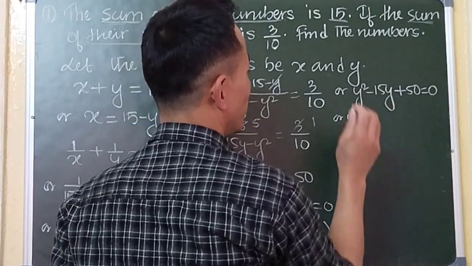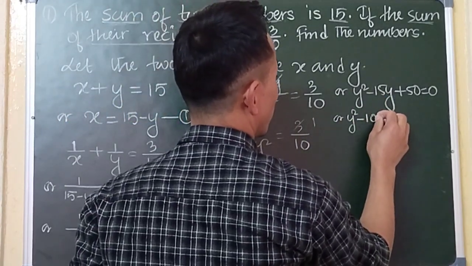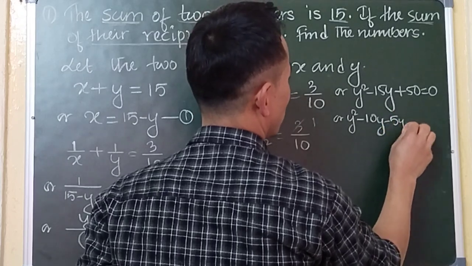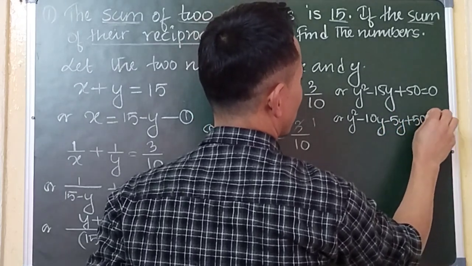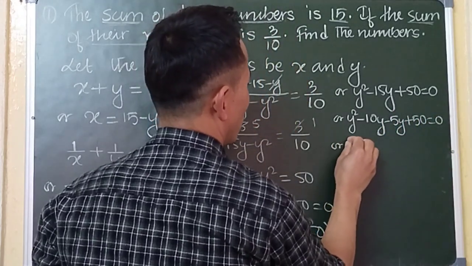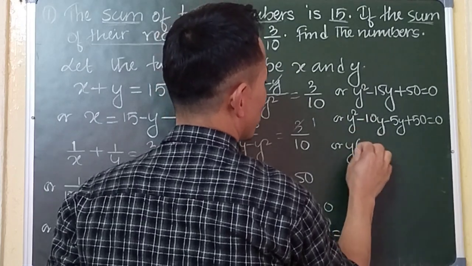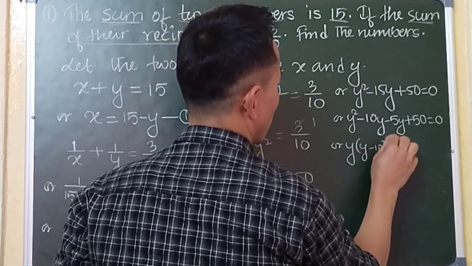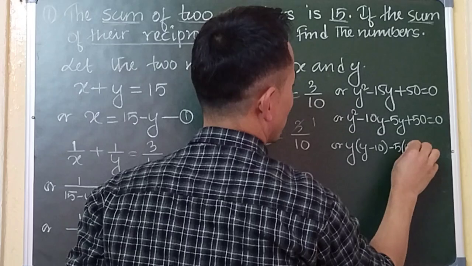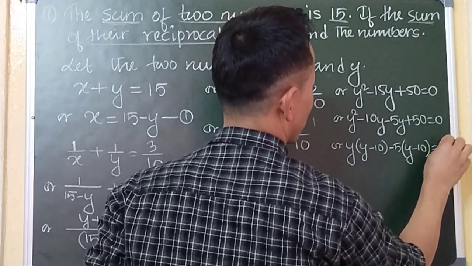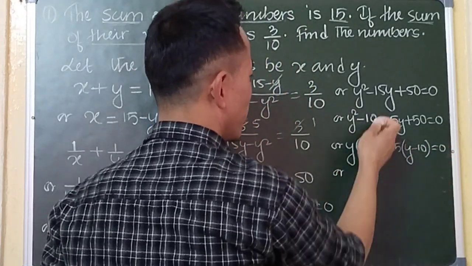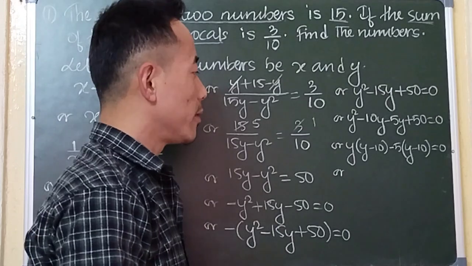So here the middle term will be y square minus 10y minus 5y plus 50 is equals to 0, or if you take the common from the first two terms, this will become y minus 10, minus 5 will be common, y minus 10 is equals to 0. Now I am not explaining all these things because the video will become lengthy otherwise.